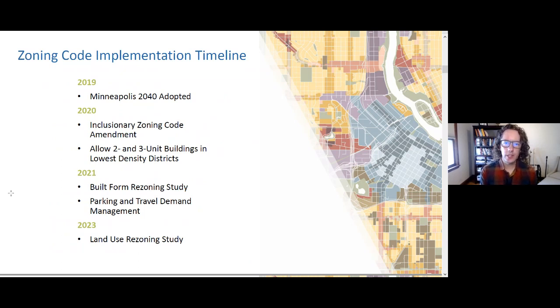First, the inclusionary zoning text amendment that was then followed by the amendment that allowed 3 dwelling units on an individual property citywide. And then the built form rezoning study that came along after that, and also the elimination of minimum parking requirements and our new travel demand management standards that were adopted in 2021. Next slide, please.